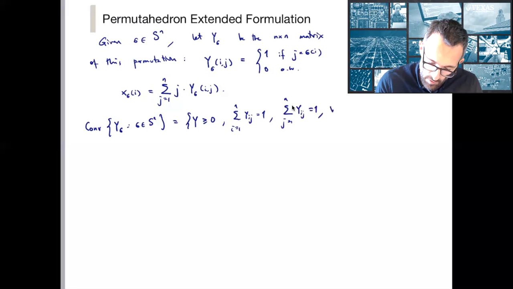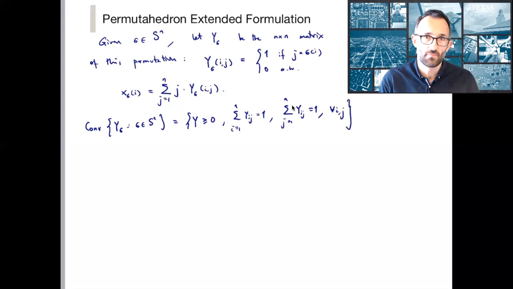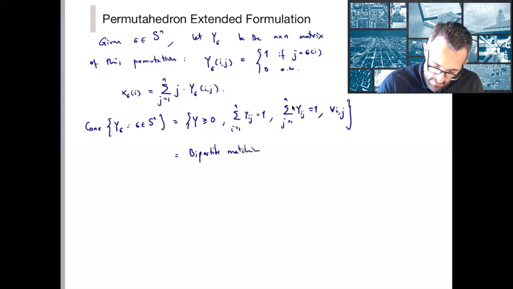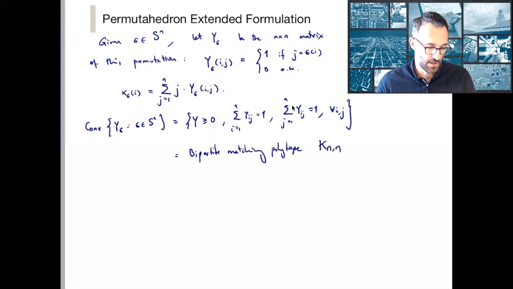And this has to hold for every i and j. In other words, this is exactly the bipartite matching polytope on the complete n by n bipartite graph.